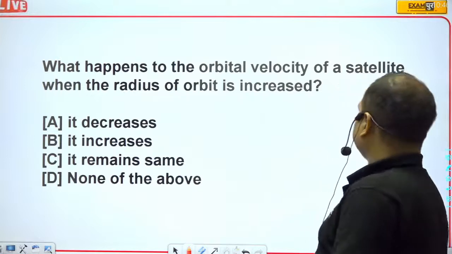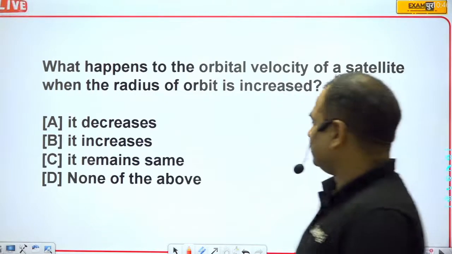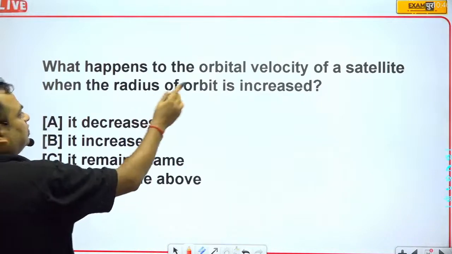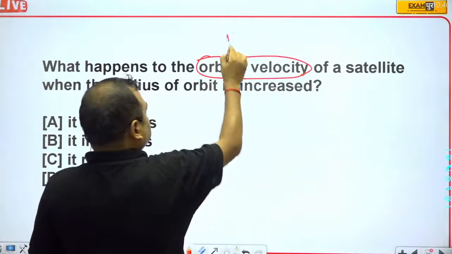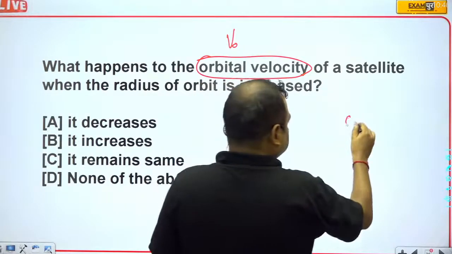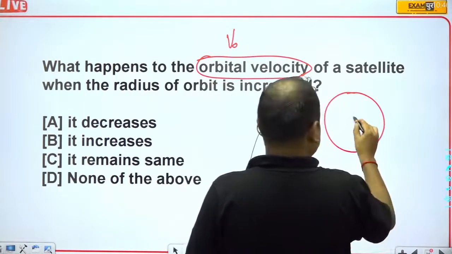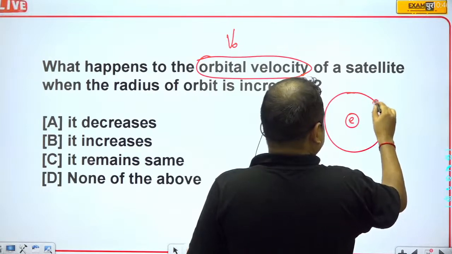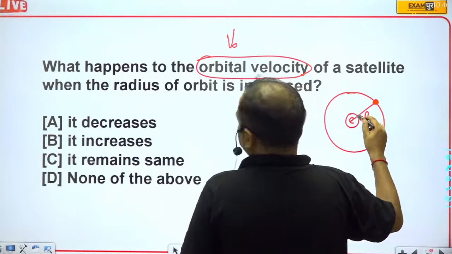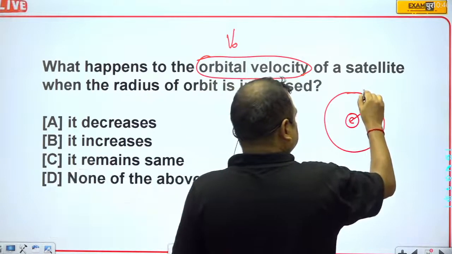What happens to the orbital velocity of the satellite when the radius of the orbit is increased? If the radius of the orbit is increased, then the orbital velocity will decrease. Suppose this is the earth, and this is a satellite moving at this radius with this orbital velocity.